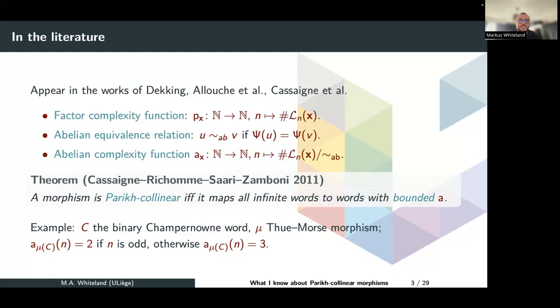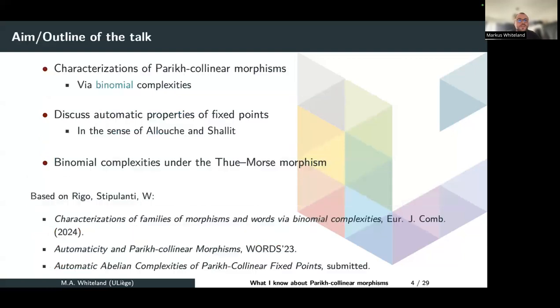Right, so this is a characterization of Parikh-collinear morphisms that we will develop later on in the talk. What I plan to talk about are characterizations of Parikh-collinear morphisms with respect to binomial complexity functions, which I'll introduce in the next slides.